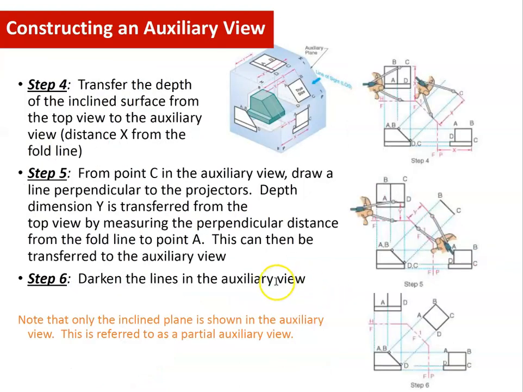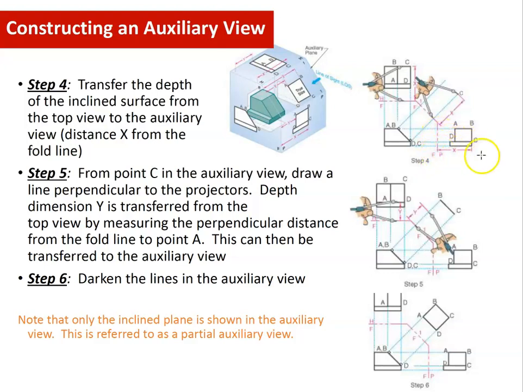Step number 4, transfer depth of the inclined surface from the top view to the auxiliary view. So you transfer the depth. So from here to here, you measure it as x, right? So you transfer it over here as x, and this should be the same value for here to here.